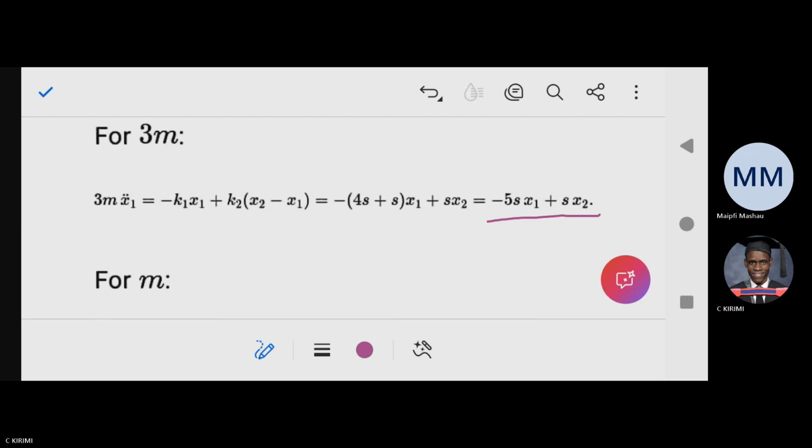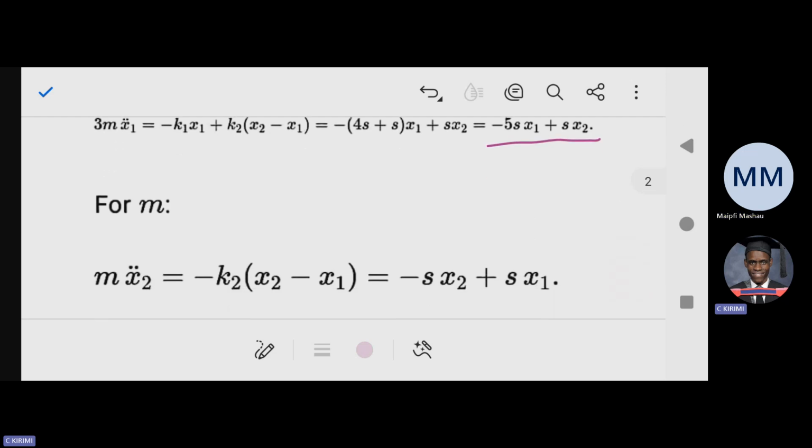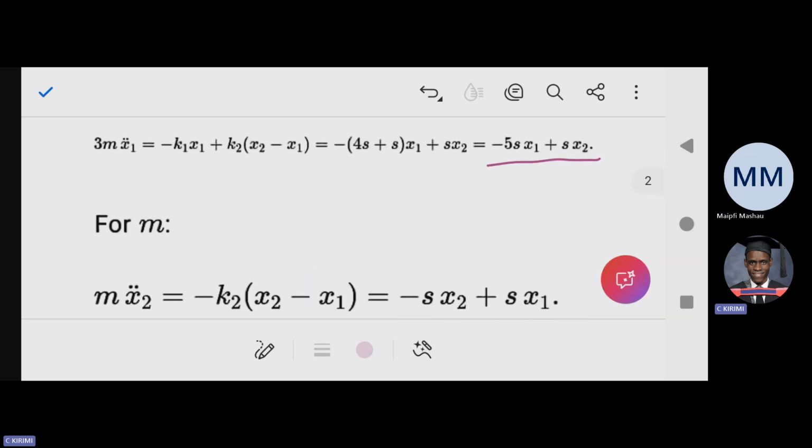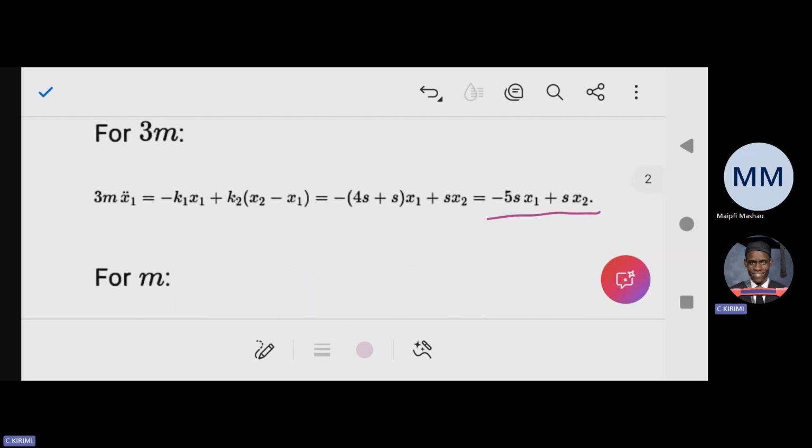If you are equating this to 0, it means you brought the other terms to the other side.